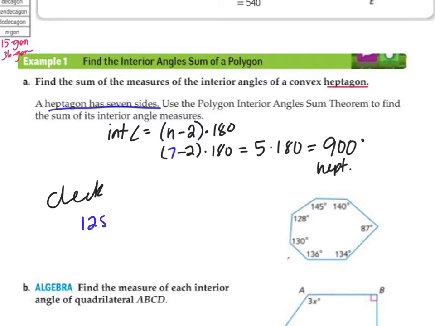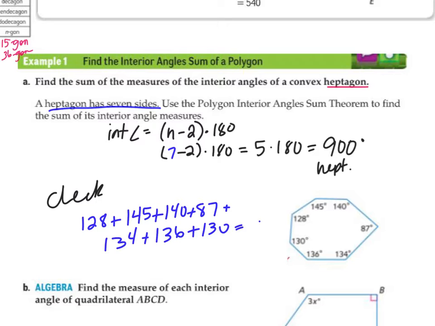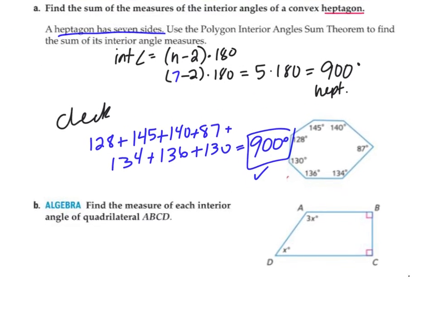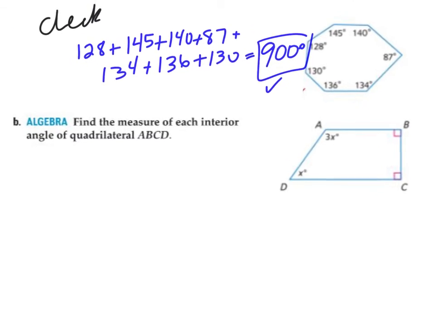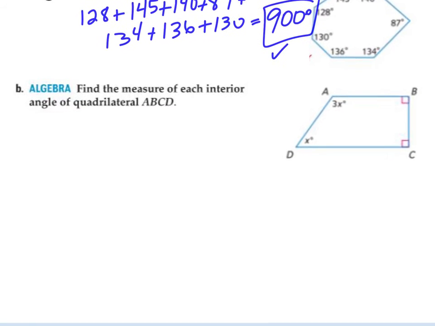So we have 128 plus 145, 140, 87, 134, 136, and 130. When we add all of those together, we get a total interior angle measurement of 900 degrees. That is a heptagon. Okay. So knowing this theorem, we can also find the measure of any missing interior angles as well.